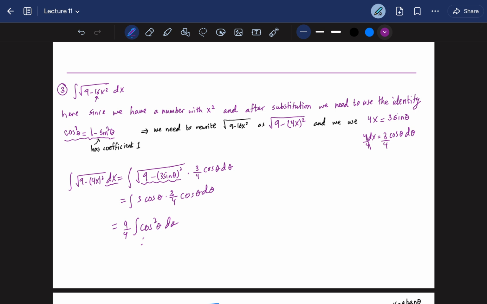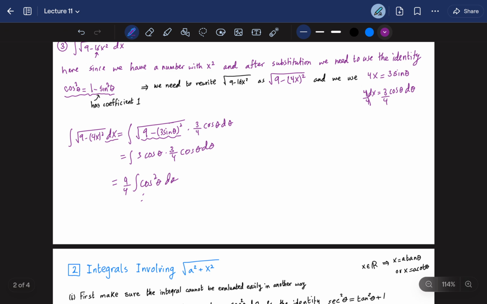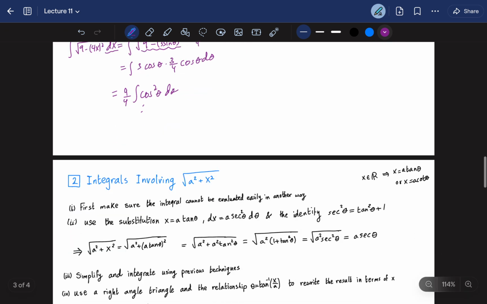Okay, so this is when we have a squared minus x squared. Now what happens if I have a squared plus x squared? Here the domain for this root is all numbers, because no matter what value of x you plug in, you're going to get something positive.